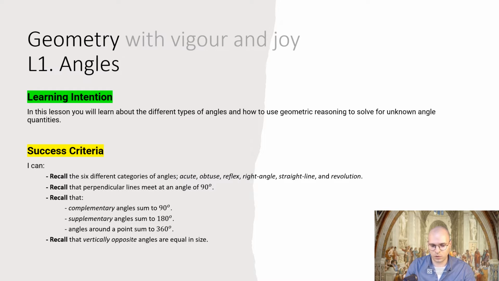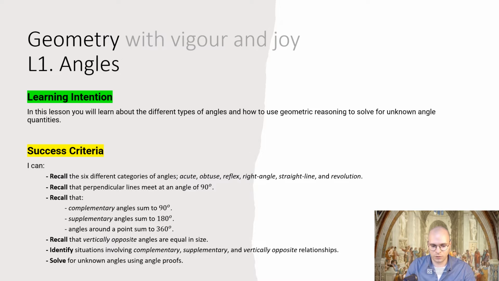You'll be able to recall that vertically opposite angles are equal in size. You'll be able to identify situations involving complementary, supplementary, and vertically opposite relationships. And finally, you'll be able to solve for unknown angle quantities using angle proofs.